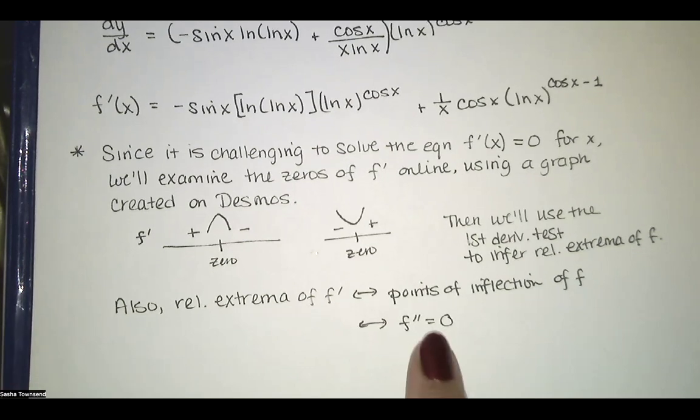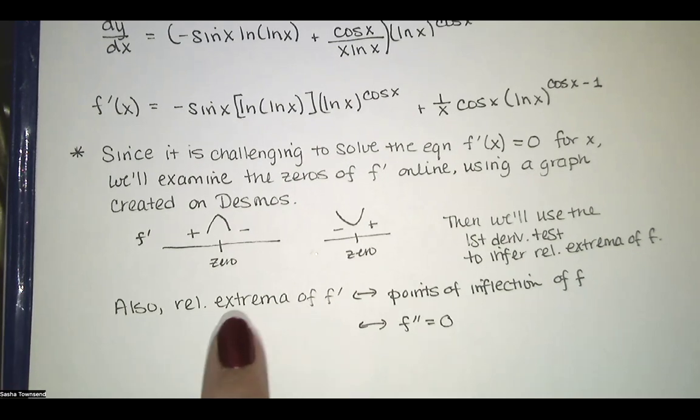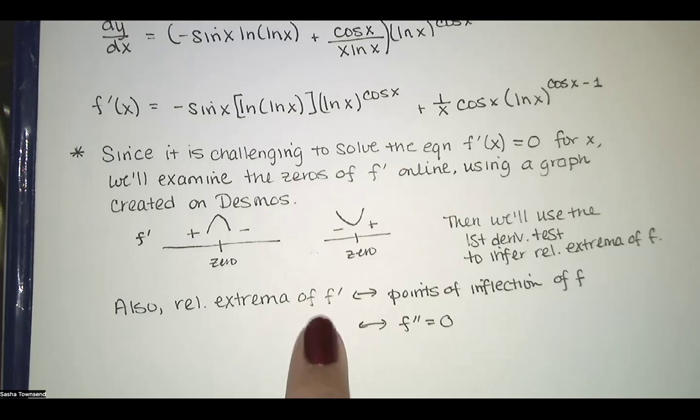And of course, if we have relative extrema, f prime is changing signs at that location. So f double prime is changing signs. f prime is going from increasing to decreasing.